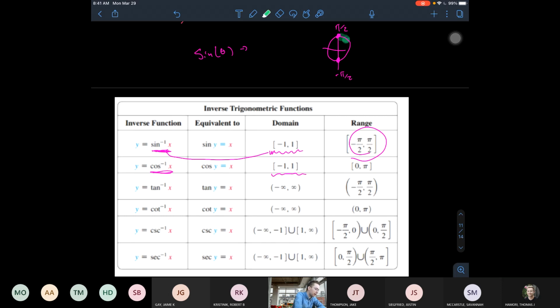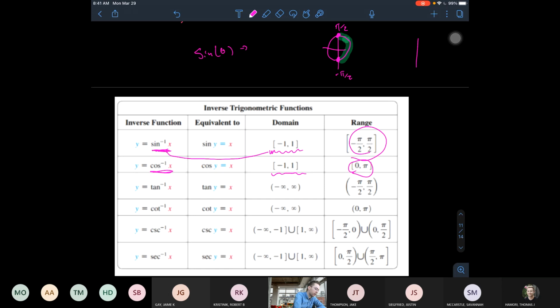We're only going to look on the right half of the circle for an angle, in our case an angle y, such that if we plugged it into cosine or sine, we would get x. We only check the right half of the circle for sine, because otherwise we would get more than one answer, and we only want one answer. And then for cosine, we're going to check between 0 and π, so it's just the top half of the circle that we look at.